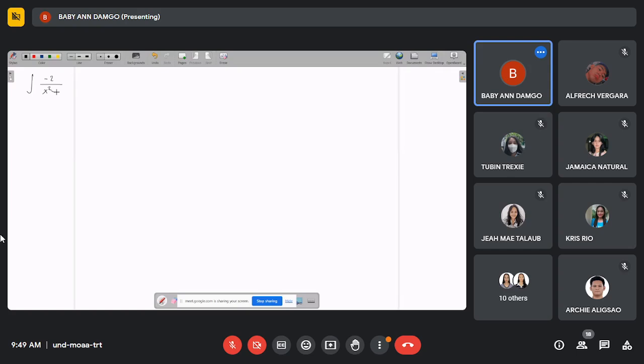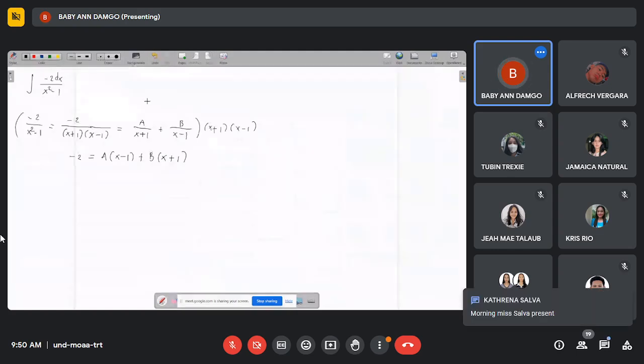So negative 2 is equal to a over x plus 1 times its LCD, which is a times x minus 1, plus b over x minus 1 times its LCD, which is b times x plus 1. The goal here is to solve for a and b.